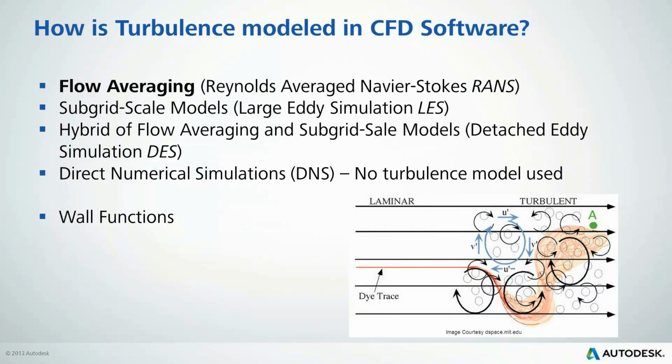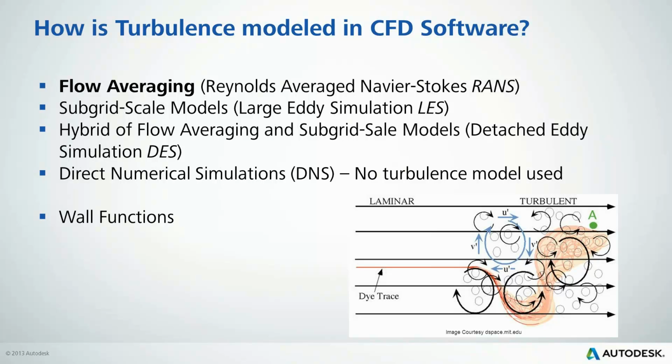In terms of how turbulence is modeled in CFD software in industry use, there's really 3 means plus a 4th, which is more of an academic study of turbulence. From the top down, we have our classic flow averaging, which is the Reynolds averaged Navier-Stokes approach, which is basically averaging all those circular eddies to get a very smooth profile.